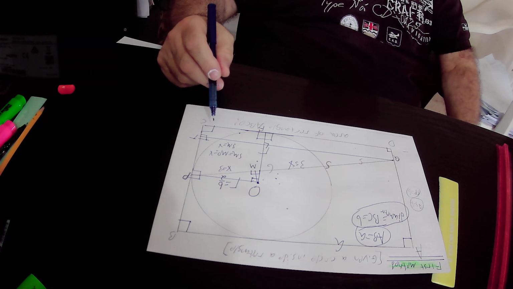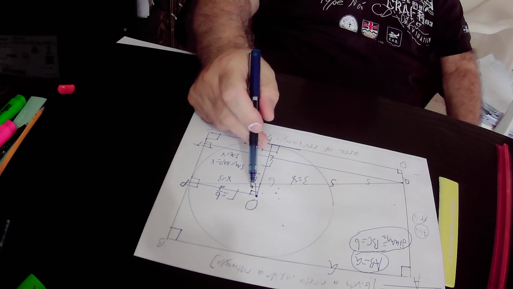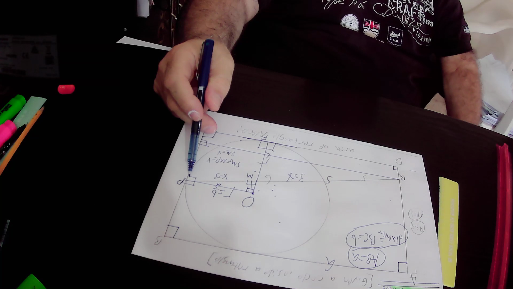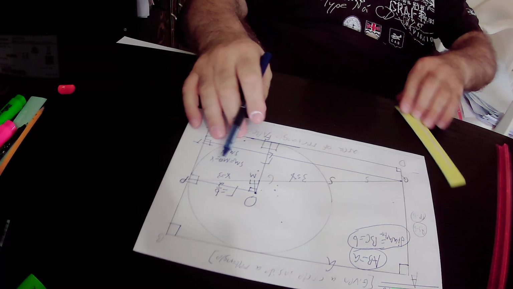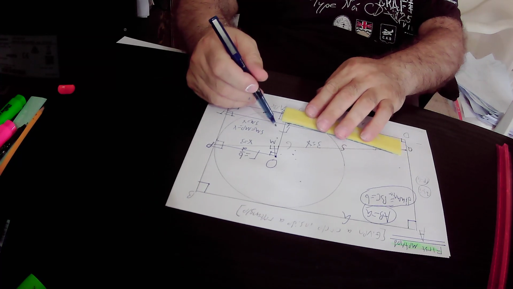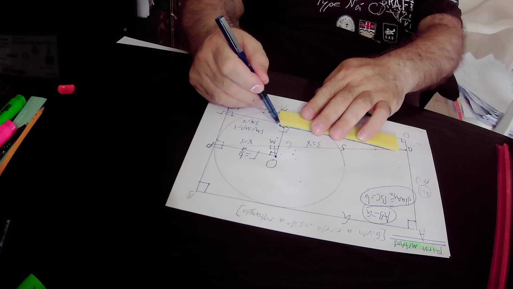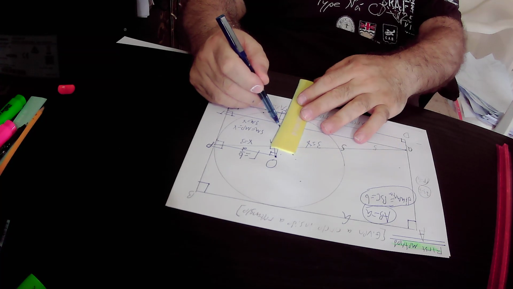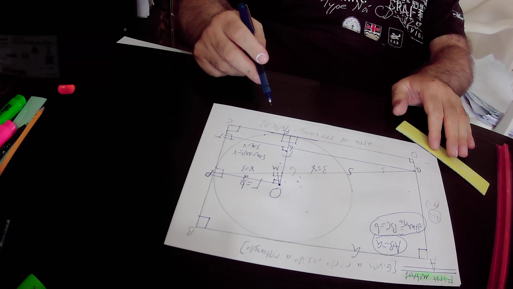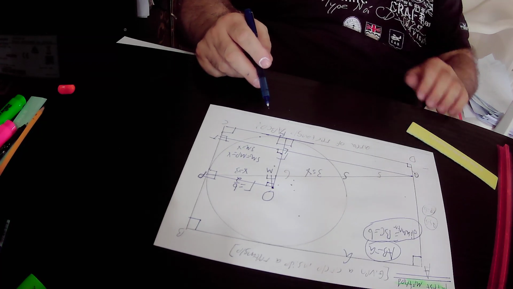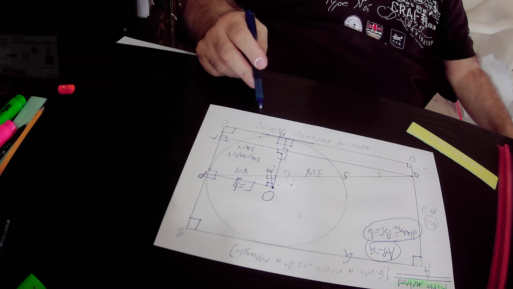By this construction we created quadrilateral OPLT. Inside quadrilateral OPLT we have 1, 2, 3 right angles. Therefore the fourth angle must be equal to 90 degrees, according to what I've already explained. So quadrilateral OPLT has 4 right angles, and any quadrilateral that has 4 right angles must be at least a rectangle, if not a square.